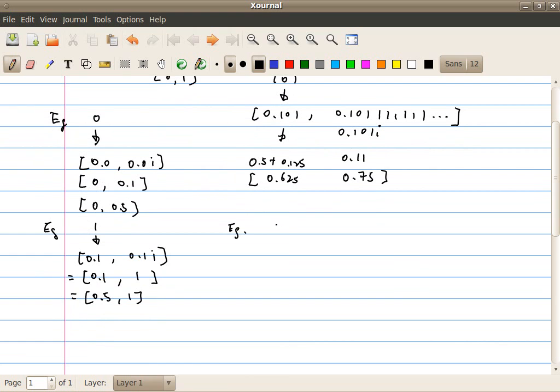Let's say 10, that will correspond to 0.10 to 0.11, and that will be from 0.5 to 0.75.